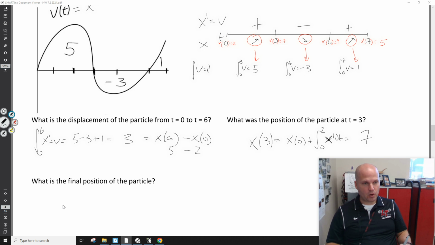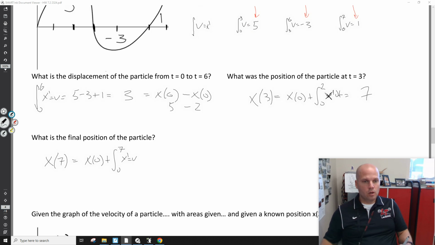Final position of the particle, if you wanted to show this correctly, here's what you would have to do. You'd say my position at time 7, multiple ways to do it, is either equal to my position at 0 plus all of my accumulations of my derivative, of my velocity, from 0 to 7. Or you could say I started at 0, I added 0 to 2, I added 2 to 4.